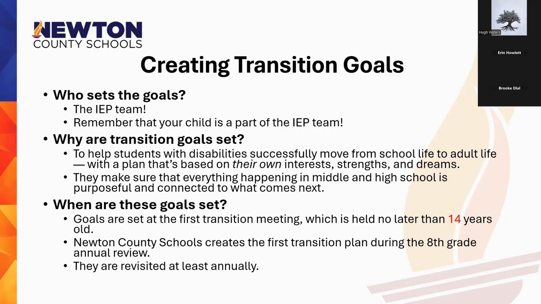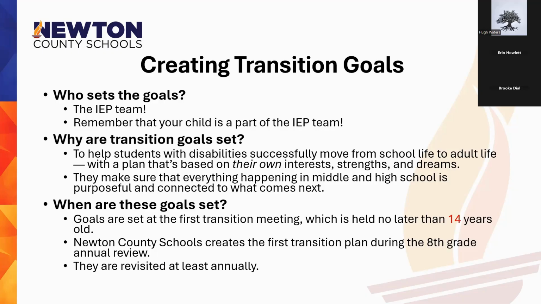Who sets the goals? These are set by the IEP team. Remember that your child is part of the IEP team, so it is input from the team, the parents, and the child. It's a combined effort to create these transition plans and goals so they help students with disabilities successfully move from school to adult life and be as independent as possible.